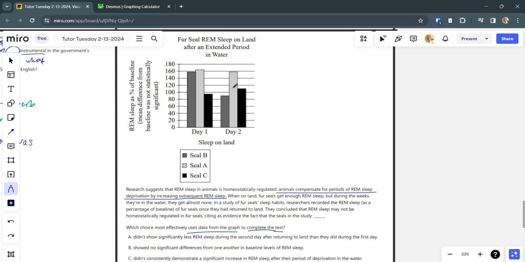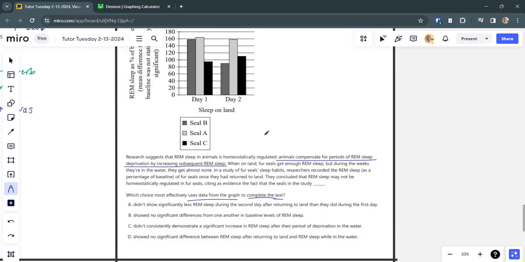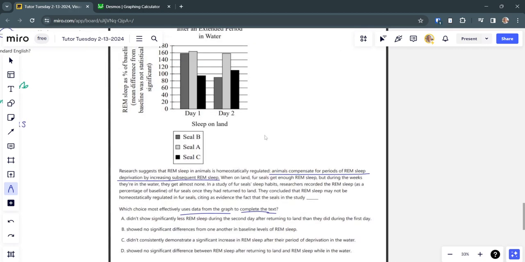So, looking at the choices here: the seals in the study didn't show significantly less REM sleep during the second day after returning to land than they did during the first day. Well, that's not really supporting the conclusion.